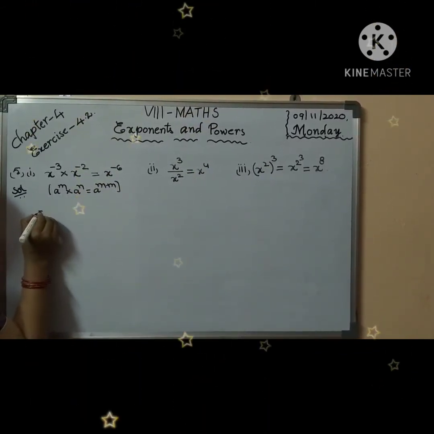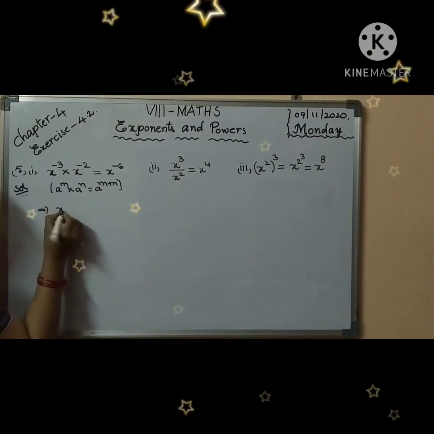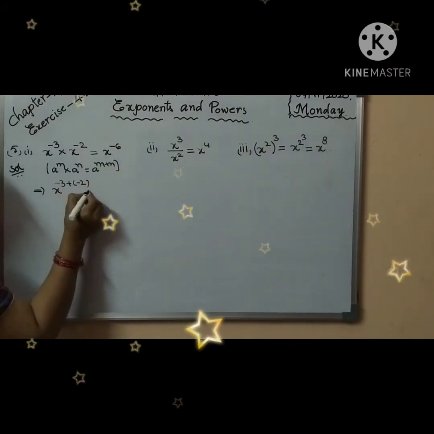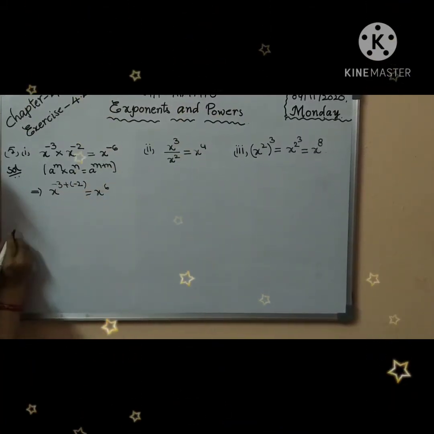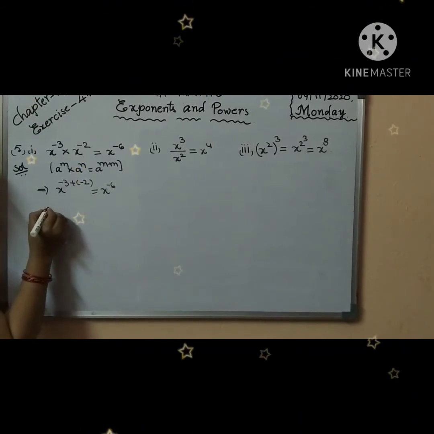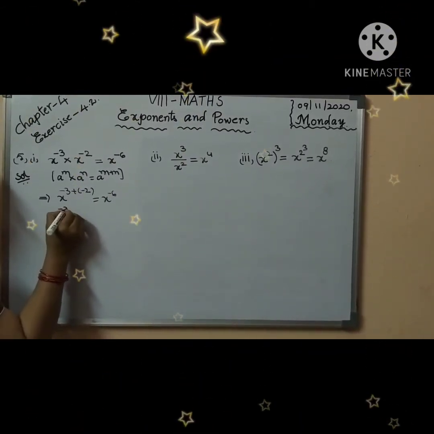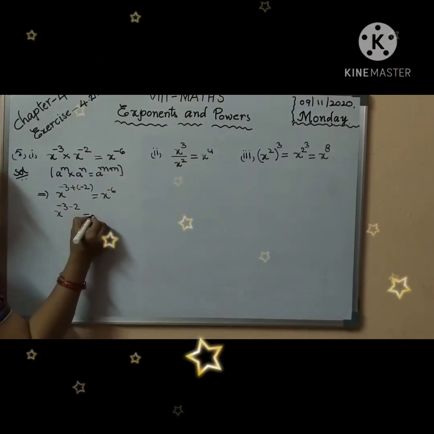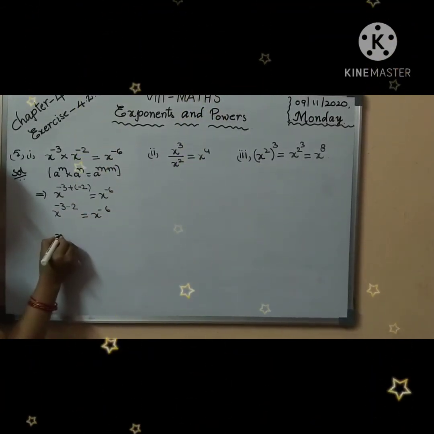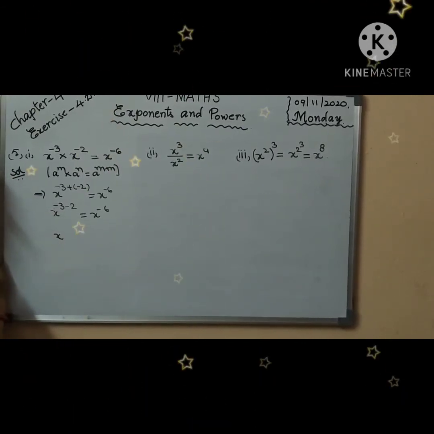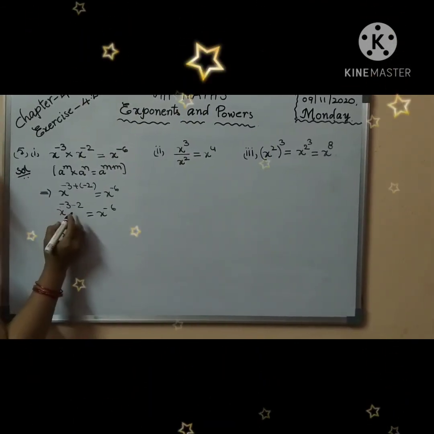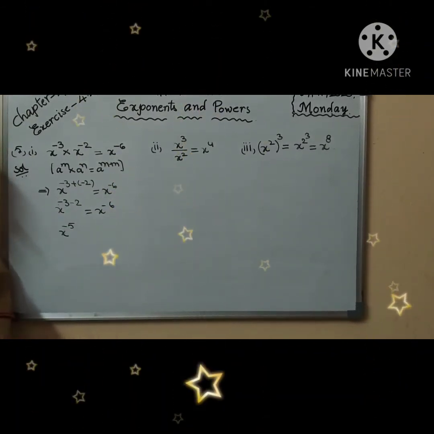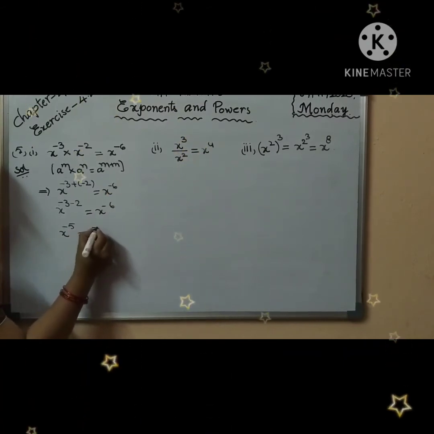So x power minus 3 plus minus 2 is equal to x power minus 6. Here the signs are the same, so we should add minus 3 plus 2, 5, is equal to x power minus 5.